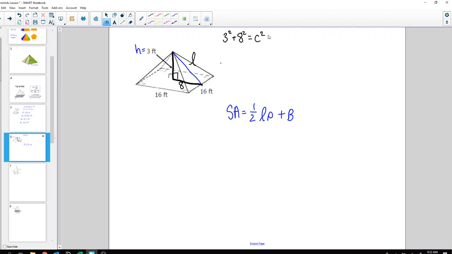That leaves us then with a slant height of 8.5. So once I have my slant height, then I can start looking for my perimeter also, which is going to be 4 sides that are 16 feet long for each one.